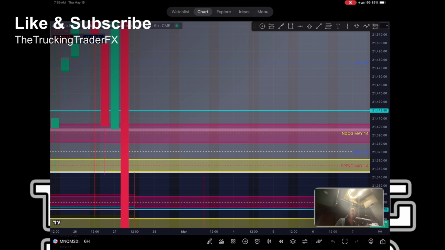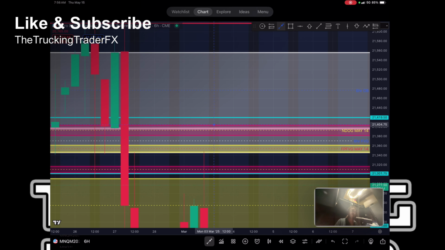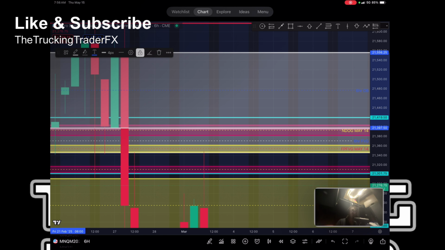All right, on the 6-hour time frame, right in here, we have this 6-hour fair value gap right here, right? If you don't know what a fair value gap is, you can just look that up on YouTube. And then this big green candle, this is one big order block. So I have a box on this big green candle, and I have a box on this fair value gap, right?